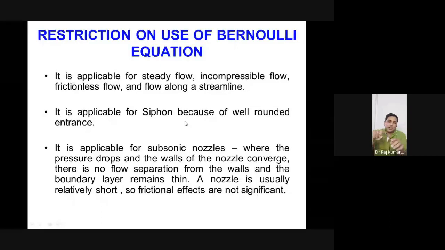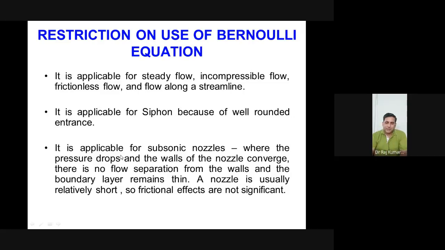Take a small flexible PVC tube, which you can bend in any direction. So it is applicable in that particular part also, subsonic nozzles also, pressure drops also. So you can usually apply it at that particular point. There your friction effects are negligible.